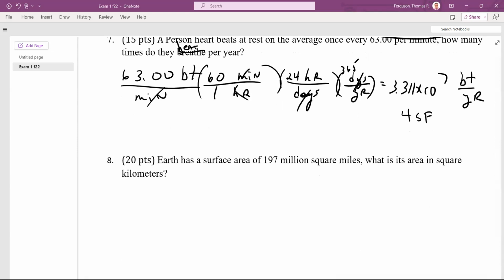Okay, now this one we're going square miles to square kilometers. We have to make our own conversion by converting the square miles from the linear. Then we put square kilometers.